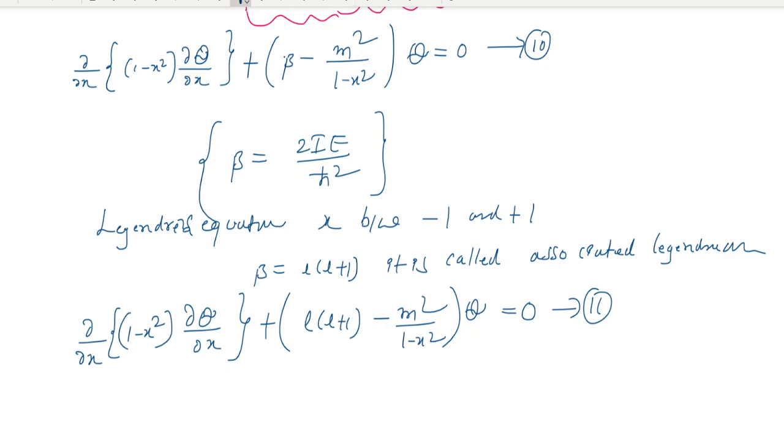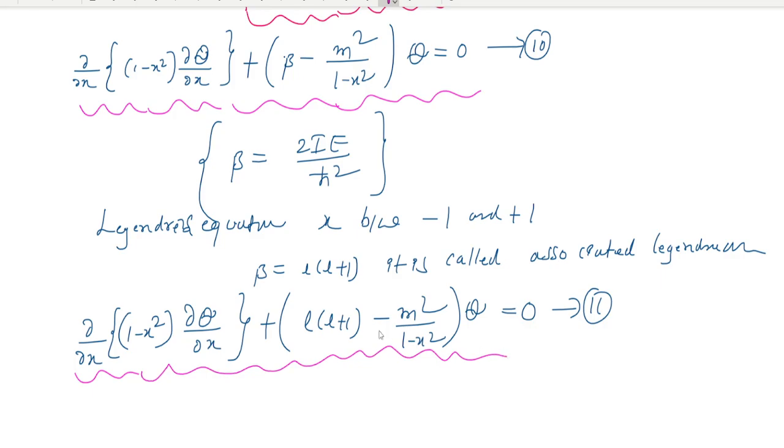If you look at these two equations, one is equation number 10, our original equation, and this is our mathematical equation. If you compare, in place of 2ie divided by h cross square, L into L plus 1 is there. That's why I'm using the beta here.